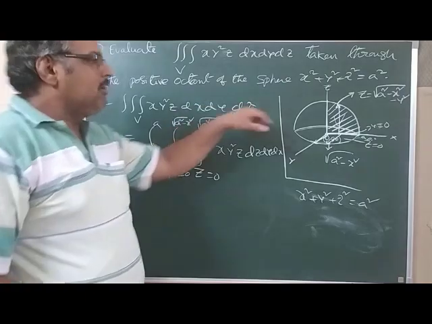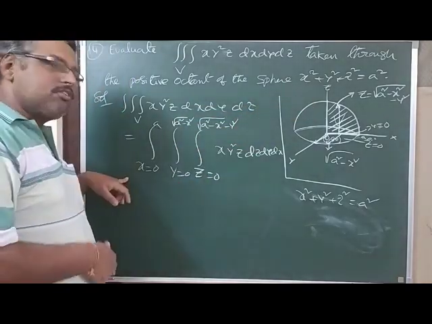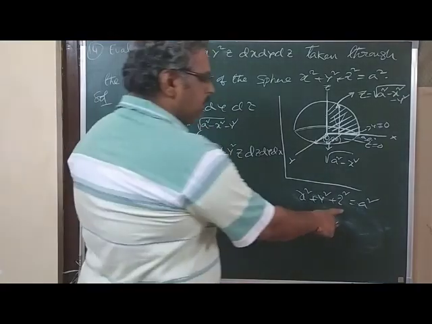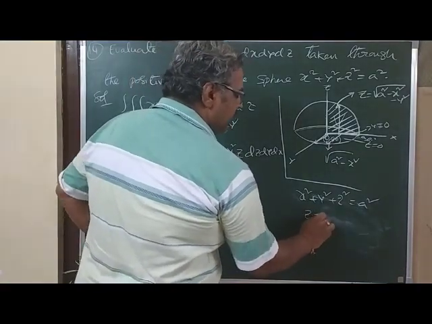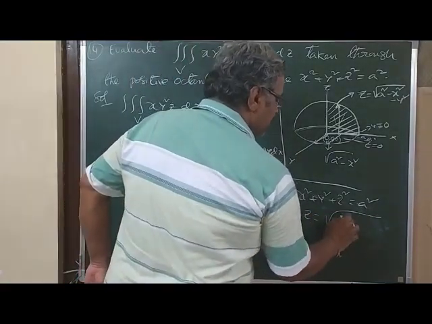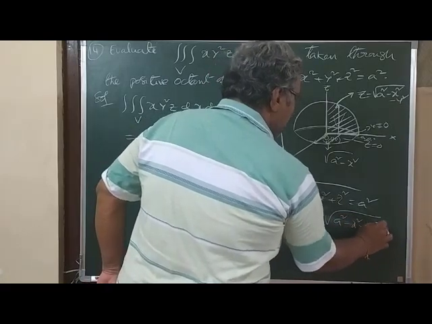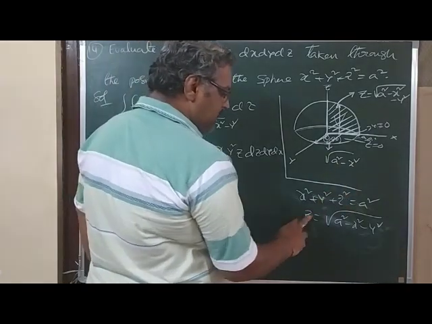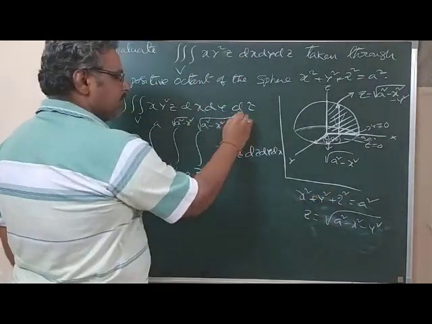In the first octant, all lower limits are zeros: x is 0, y is 0, z is 0. For upper limits, from this equation, z equals root of a square minus x square minus y square. Our volume is only in the positive octant, so we take only the positive sense.